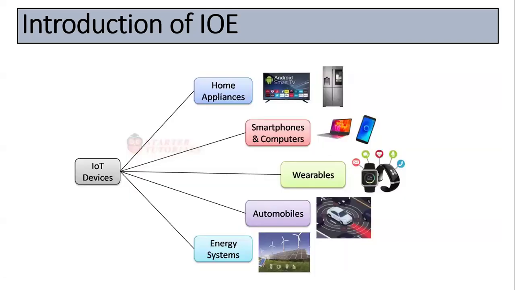Now these are some image examples of connections over IoT devices, like home appliances. Smart TV can be connected, refrigerators, smartphones and computers are connected through IoT devices. Wearables like Fitband, then automobiles, cars are also connected over the internet. Then energy systems, sustainable energy, like how much energy is being generated, all that is recorded over IoT devices.